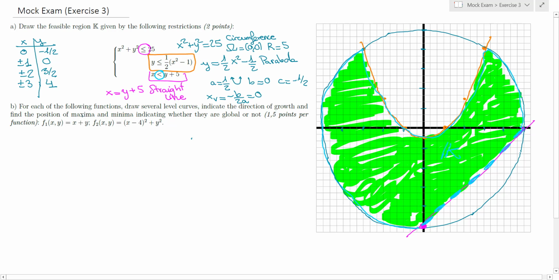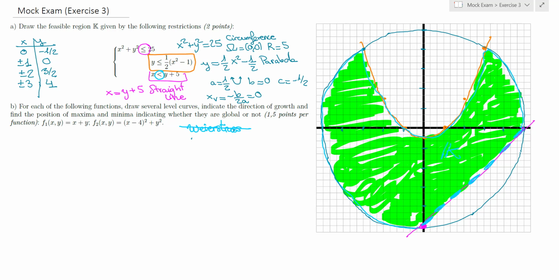Now, for each of the following functions, we have to draw several level curves indicating the direction of growth, the position of the maximum, minimum, indicating whether they are global or not. First thing we should say before any consideration is that Weierstrass theorem will not be applicable because the set K is not compact, since part of its boundary doesn't belong to K. This doesn't mean that there is no global maximum or global minimum.